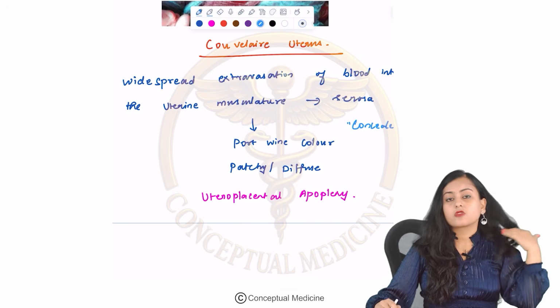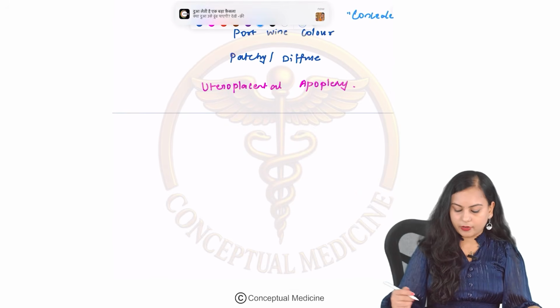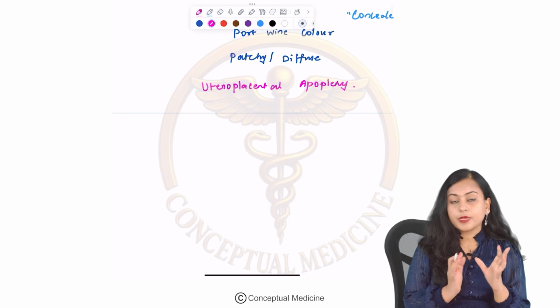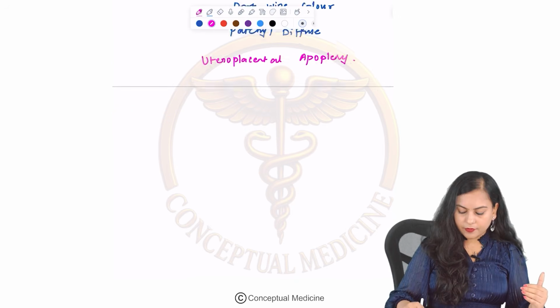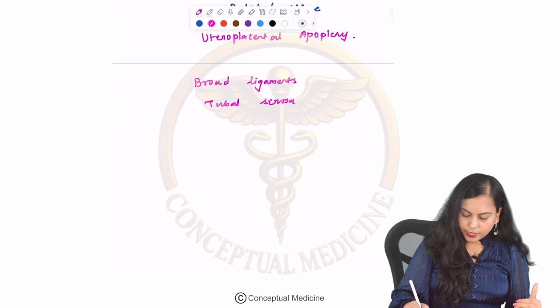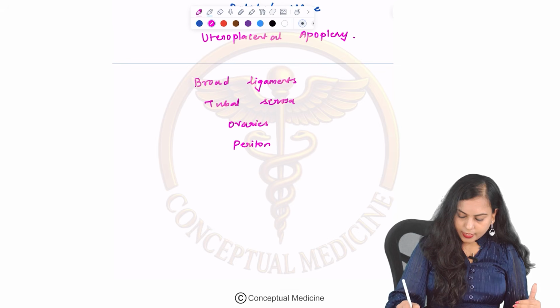Okay, so it is usually found in severe form of concealed accidental hemorrhage. And this is also found as an incidental finding during a laparotomy, right? And remember, this hemorrhage may not be present only at the uterus. It may even go into the surrounding structures like your broad ligaments or even your tubal serosa, ovaries, also into the peritoneal cavity.